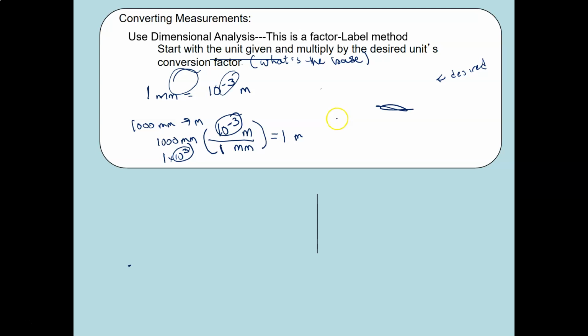If I had 0.082 meters and I wanted to go to millimeters, I would set up my conversion. 0.082 meters. I'm going to cancel out meters, so millimeters go here, meters go here. On the previous page, 1 millimeter is 10 to the minus 3 meters. Again, I can change this to scientific notation.